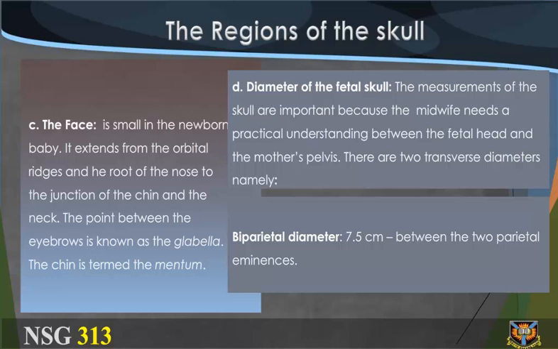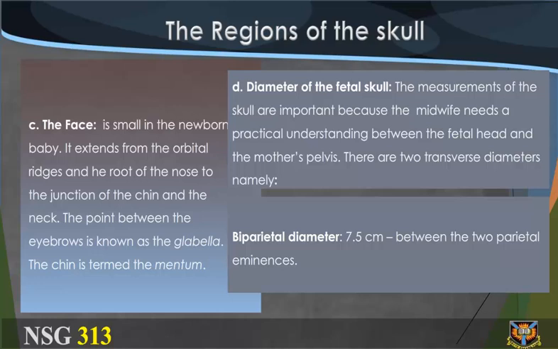D. Diameter of the fetal skull. The measurements of the skull are important because the midwife needs a practical understanding of the relationship between the fetal head and the mother's pelvis.